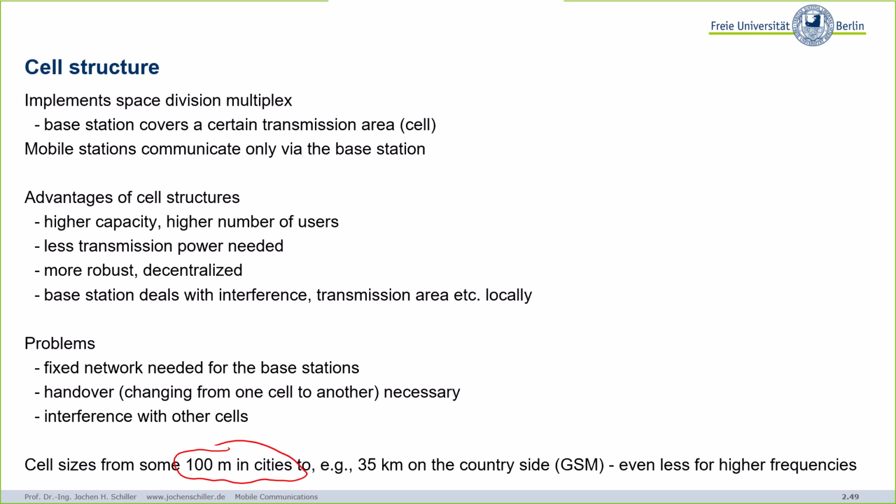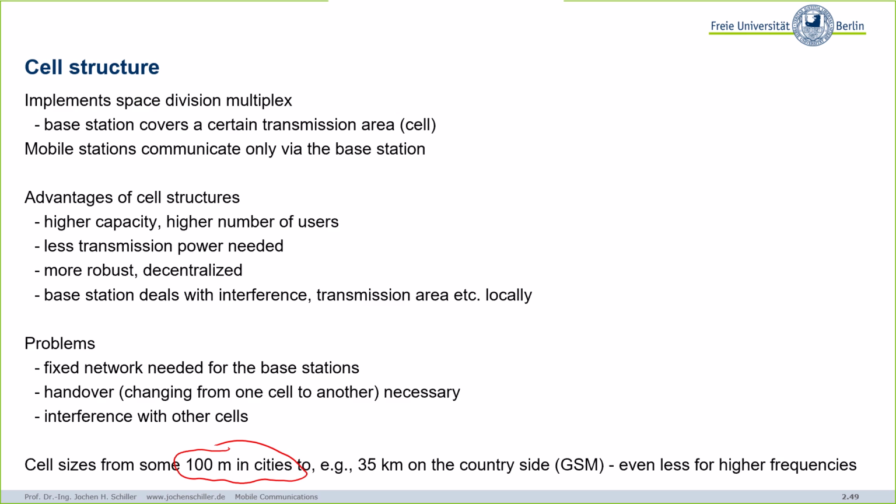This has nothing to do with weak signals, but as we will see, with the latency. So the signal needs some time to travel from the base station to the mobile station, and there are certain limits because we use time division multiplexing in GSM. I will come back to this and how we can actually double this range up to 70 kilometers.